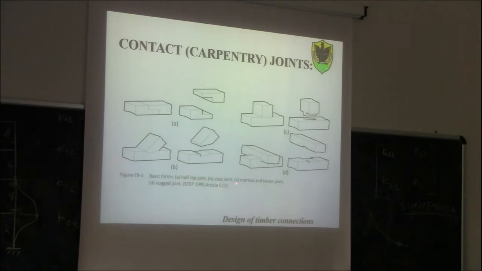Then we have this C, mortise and tenon joint. Tenone and mortasa, I think this is the only one that I know in Italian. Kind of masculine, feminine, as you can see here. And then this one, cover joint, I have no idea how this can be translated in Italian.